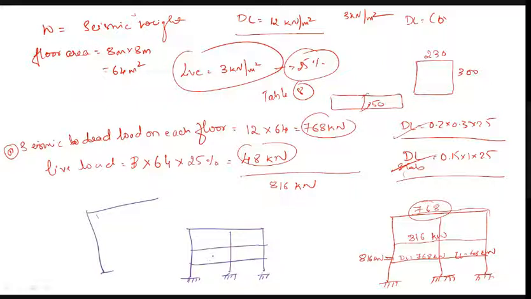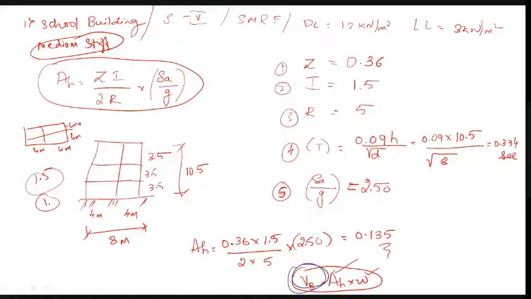Here the total load will be 816 kilonewton. Here also it will be 816 kilonewton. Here it will be only the dead load, that is 768 kilonewton. Therefore, if we add all these, the total seismic load is 2400 kilonewton. We have got the value of W. Then directly we can calculate the VB.